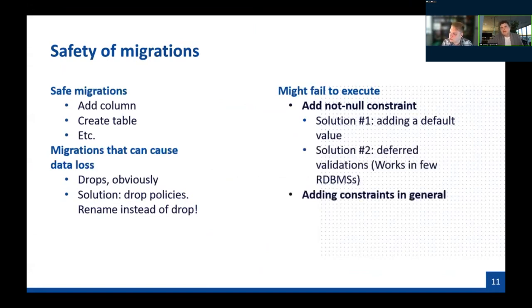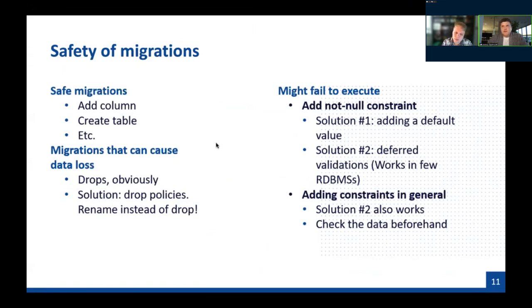And actually this applies to adding constraints in general, because if you have any data that does not comply with the new constraints, well, you can't add it. It will fail. So yeah, again, you can use deferred validations, or you can actually check the data beforehand, which might be more suitable in some cases. You just have to remember to check it on the prod database and not your local database. Otherwise, there's no point.